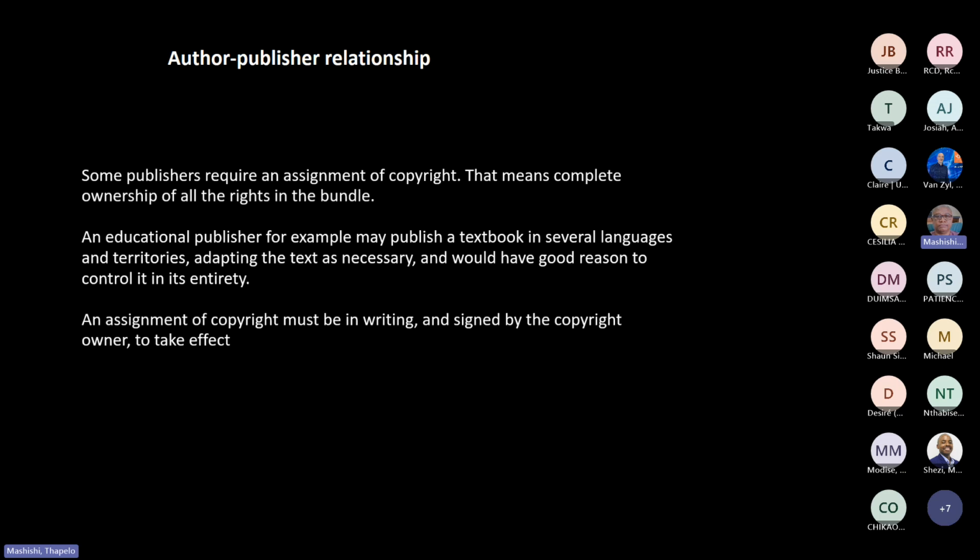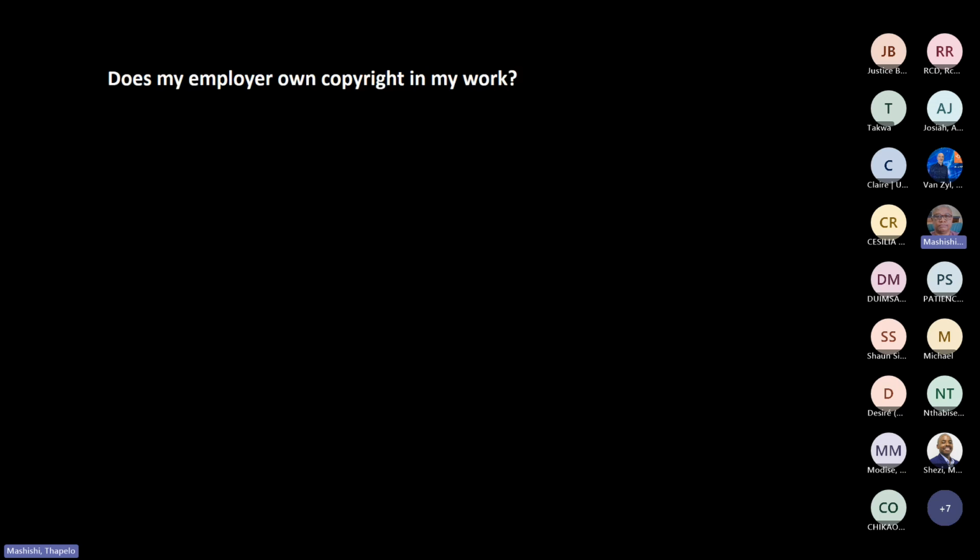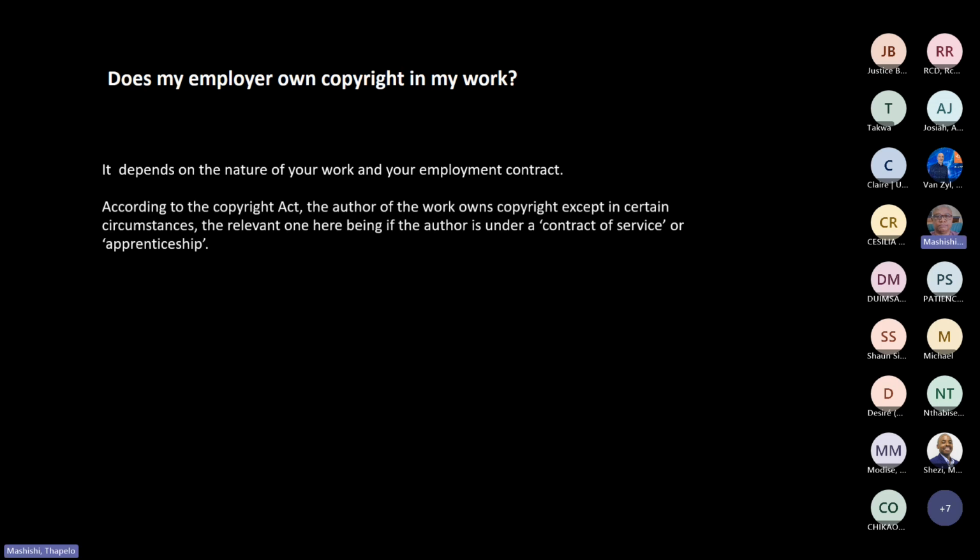And an assignment of copyright must be in writing and signed by the copyright owner to take effect. Another question is, does my employer own copyright in my work? It depends on the nature of your work and your employment contract. According to the Copyright Act, the author of the work owns copyright except in certain circumstances. The relevant one here is if the author is under a contract of service or apprenticeship.